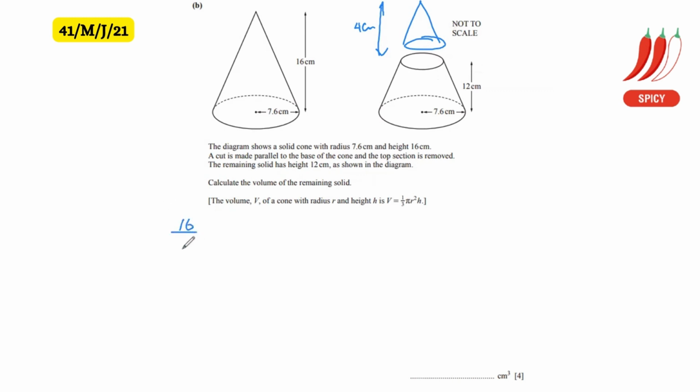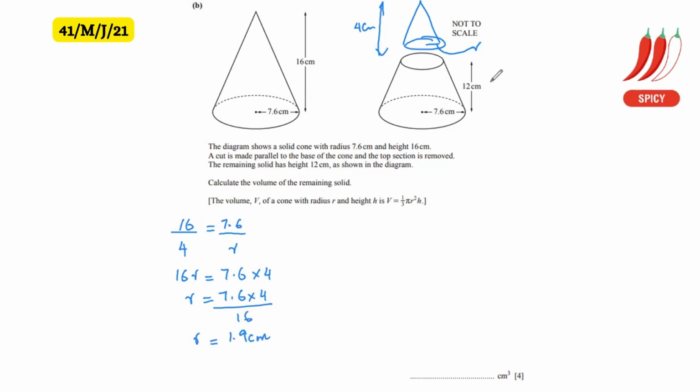So 16 over 4 is the same as 7.6 over r, r being the radius of the small cone. So 16 r equals 7.6 times 4, and r equals 7.6 times 4 divided by 16, which gives us 1.9 centimeters.